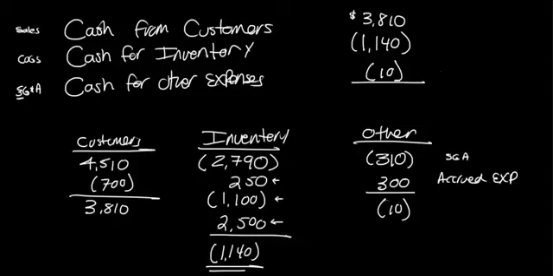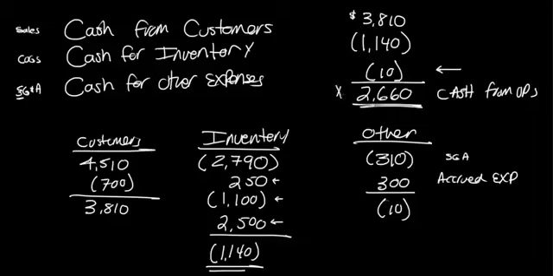So the cash paid for other expenses is $10. And one of the things we can see is we had a lot of expenses, $310 worth of them, but a lot of them we haven't paid for yet. A lot of them are just accrued. We have payables due. So if I add up all these numbers, I believe I get 2,660. So this is my cash from operations using the direct method.